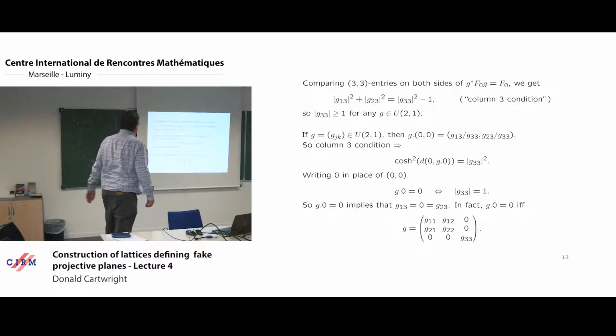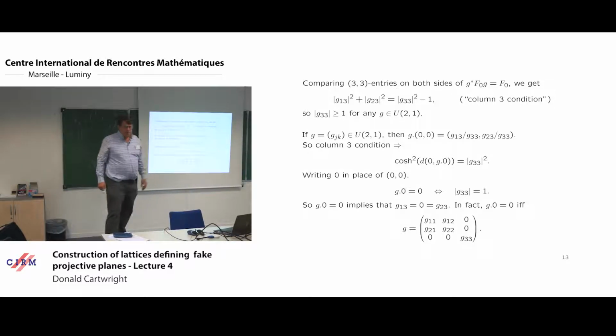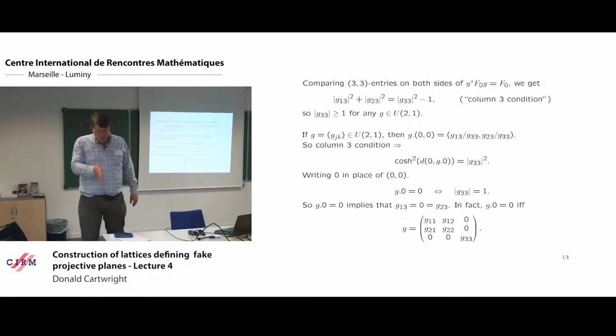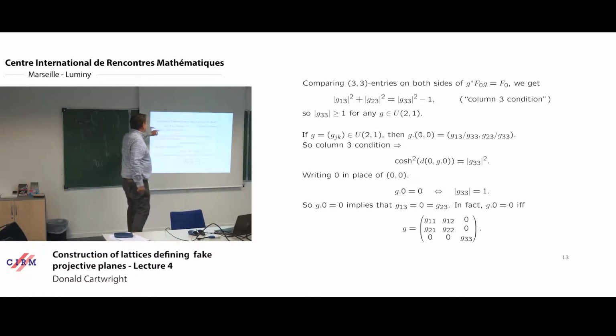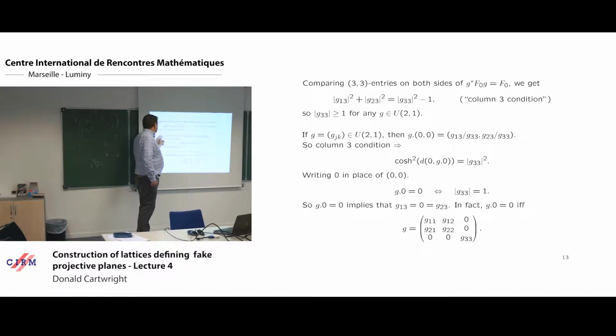Now, when you have an element in U21, this turns out to be quite a useful fact. The third column has this property. And when you look at the action of G on the origin, you find that you get this.